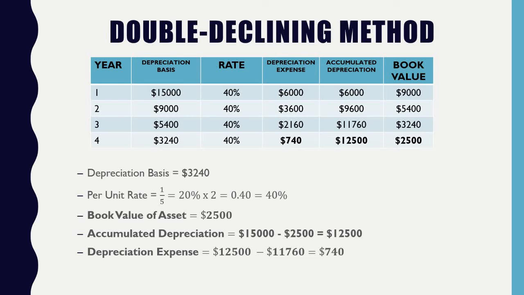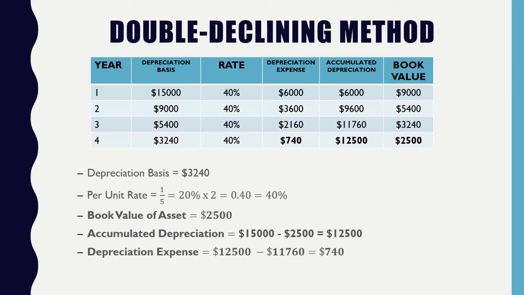So if we move the formula around, we're going to notice that our accumulated depreciation is going to equal my cost of asset minus book value. That gives you your accumulated depreciation for year 4. That's just moving the formula around.